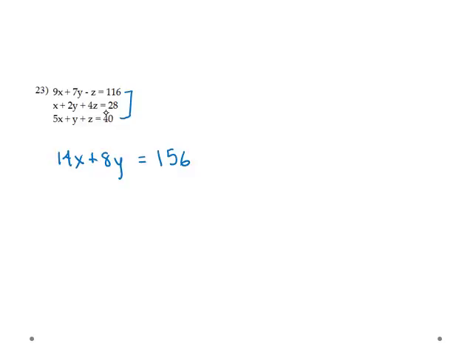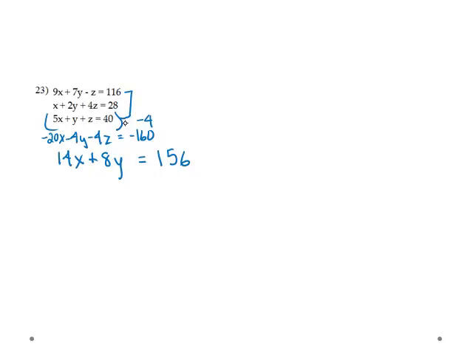We have to eliminate this equation in the middle by multiplying this last equation by -4 and adding it to the middle equation. -4 times this is -20x minus 4y minus 4z equals -160.